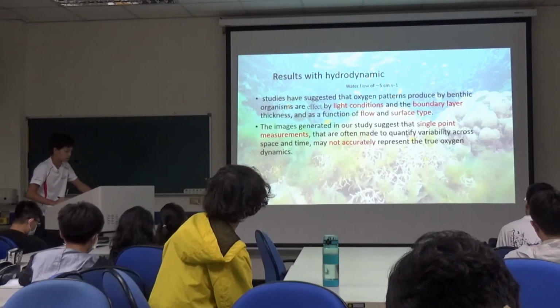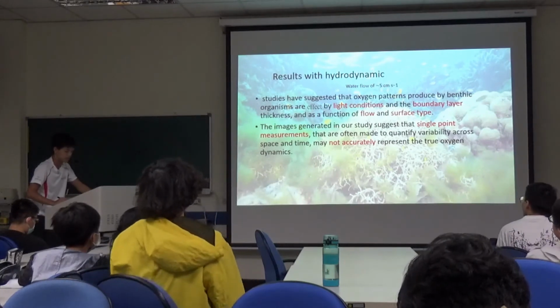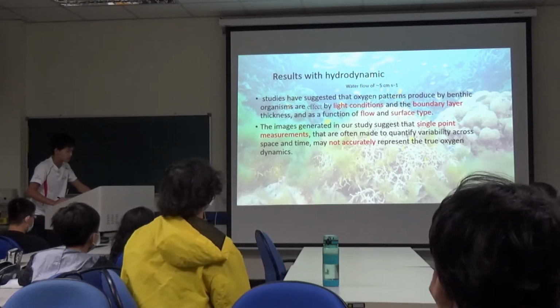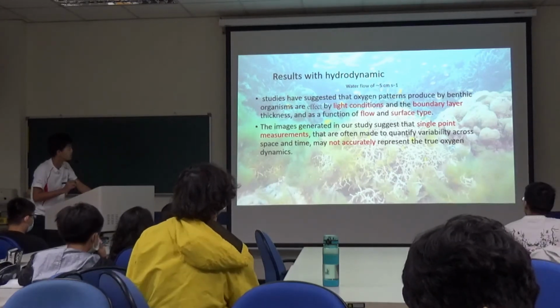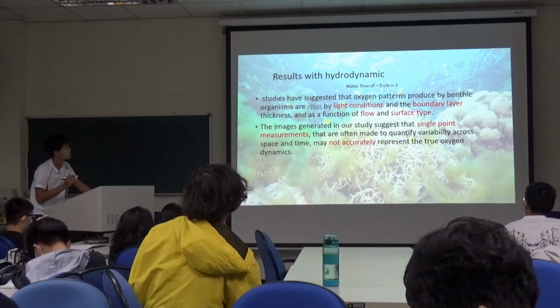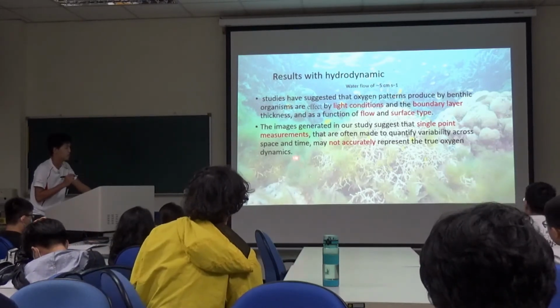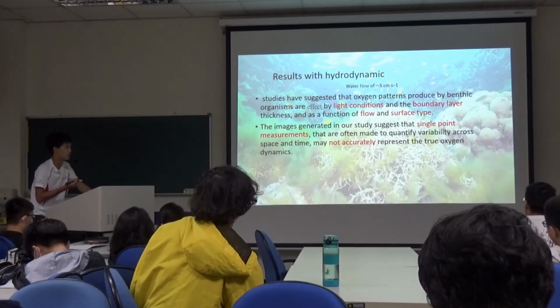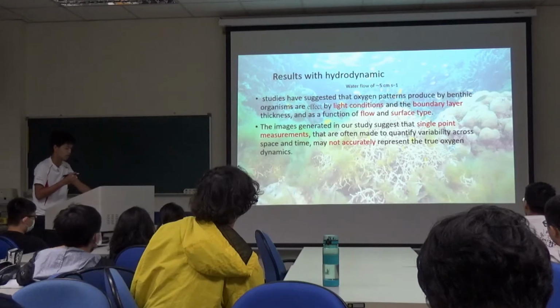And the study suggests that oxygen produced by the benthic organisms is affected by the light condition and the boundary layer thickness, which are a function of flow and surface type. It means any shape of the coral or algae will change the water flow and the oxygen flow.